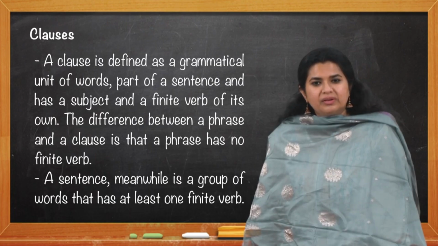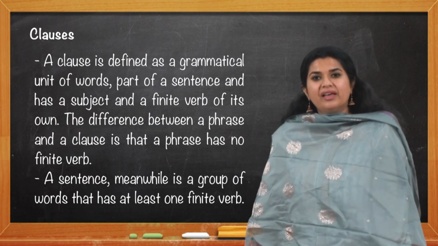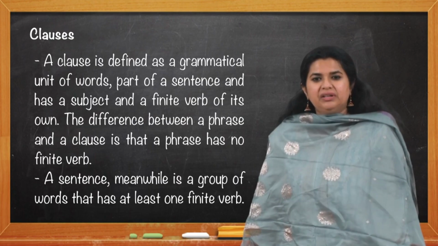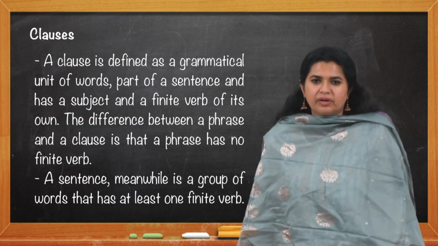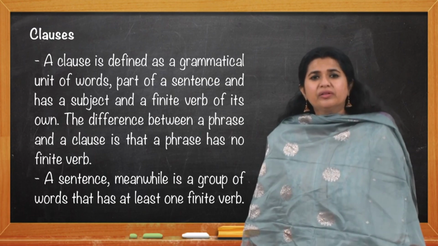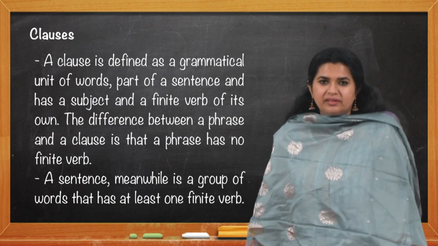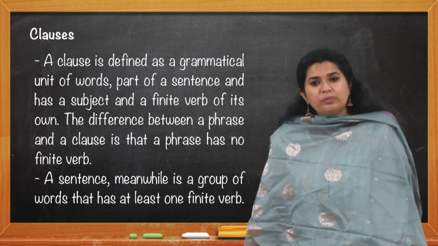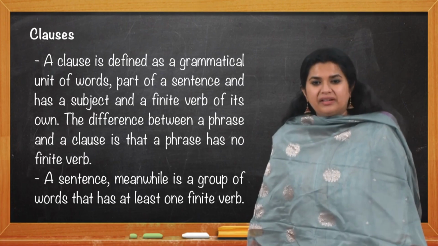A phrase is a group of words, and a clause has some sense to it, although it may depend on the main clause for its complete meaning. But even a subordinate clause has the capacity to stand on its own. A sentence is a group of words that has at least one finite verb.